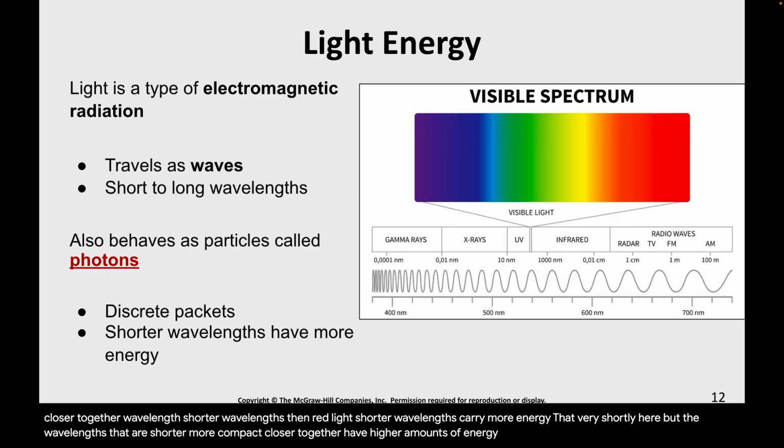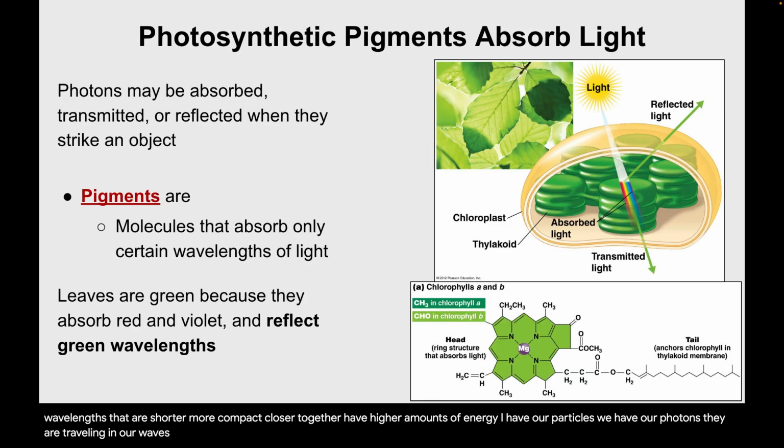All right, so we have our particles, our photons, and they are traveling in our waves. What happens to those photons when they interact with a surface? Well, photons can do one of three things. They can be absorbed, they can be transmitted, or they can be reflected.